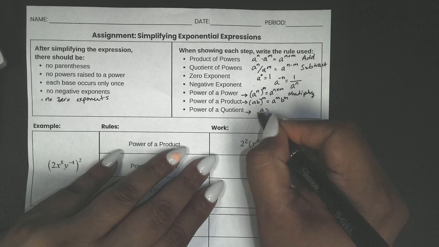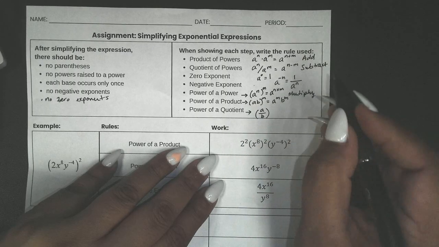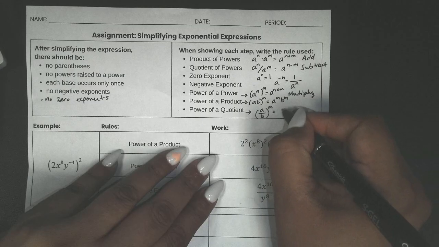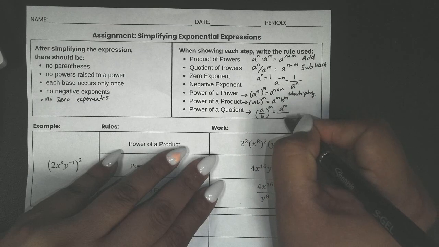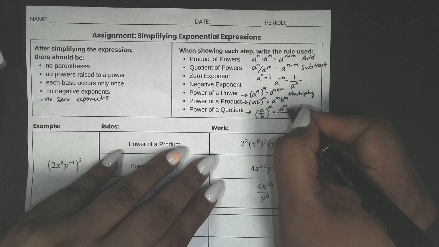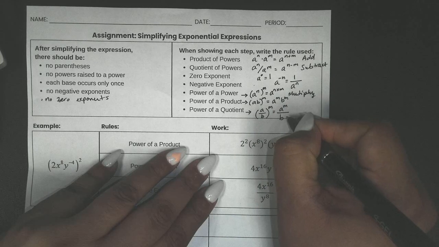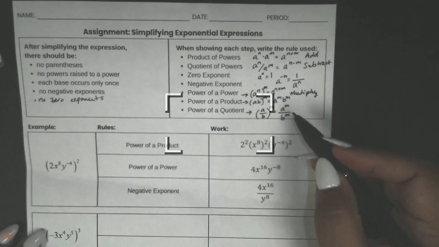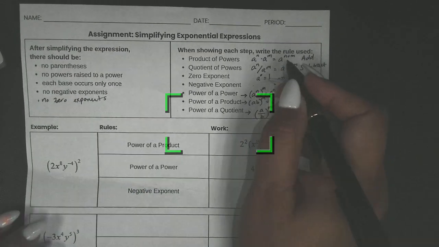So you're looking at a division problem inside of parentheses, and then you raise it to an exponent. Then again, the top in the parentheses gets an exponent of m, and the denominator gets an exponent of m. All right, so these are our rules, okay?